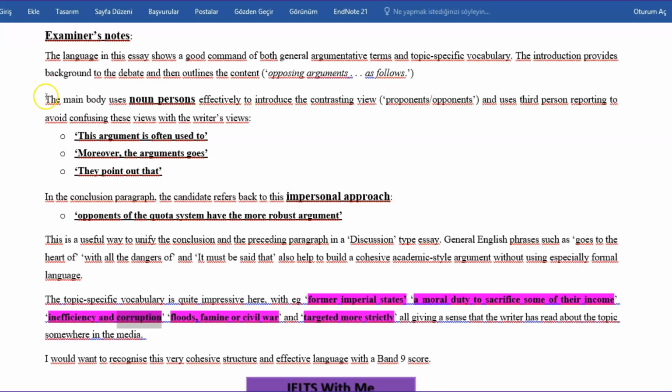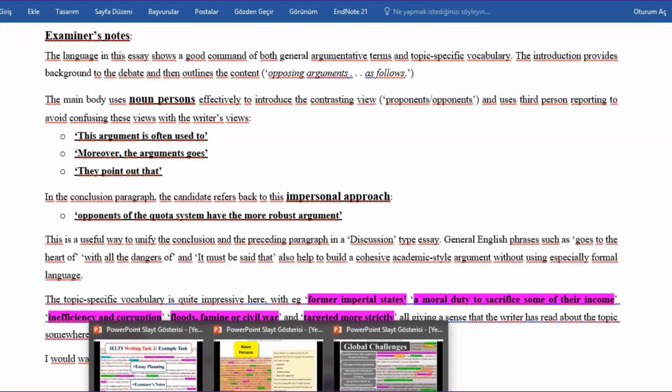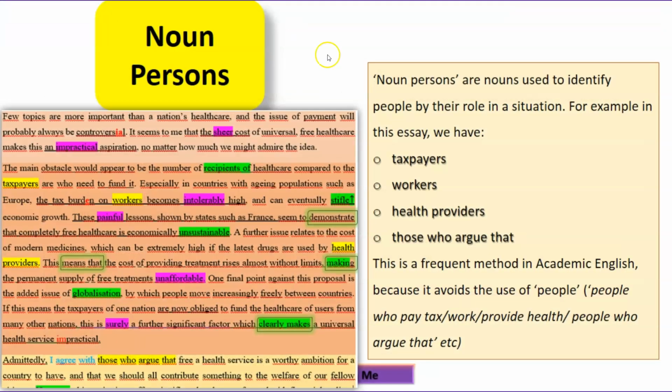And actually in the main body paragraph, the candidate uses noun persons. Please take a look at our previous videos regarding noun persons. What are noun persons? An example of this and its importance in academic English, okay?